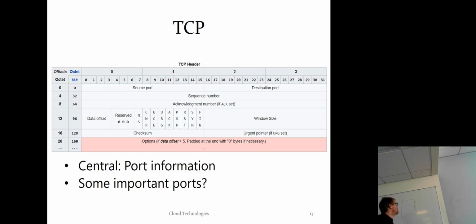So if you want to connect to a web server, you use port 80, and then that web server will get it relayed from the network. You also have to set ports on your own, so that when the web server sends back to you, your computer will know which program will receive it.